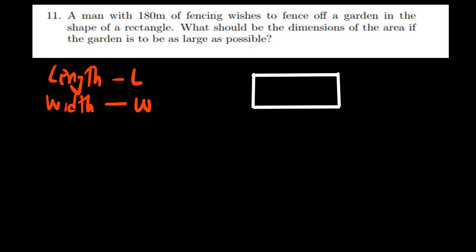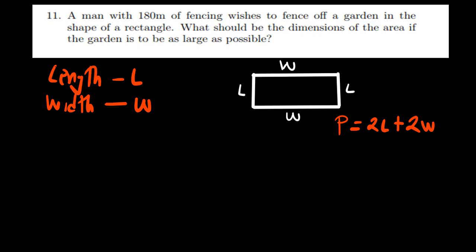Since perimeter is the total, if I say this is L, this is L, this is W, and this is W, it means you're going to add all of them. So our perimeter will just be equal to L plus L, that is just 2L, plus width, that will just be 2W.